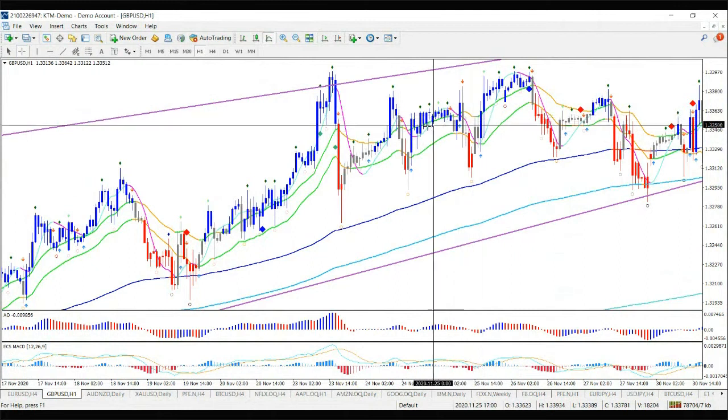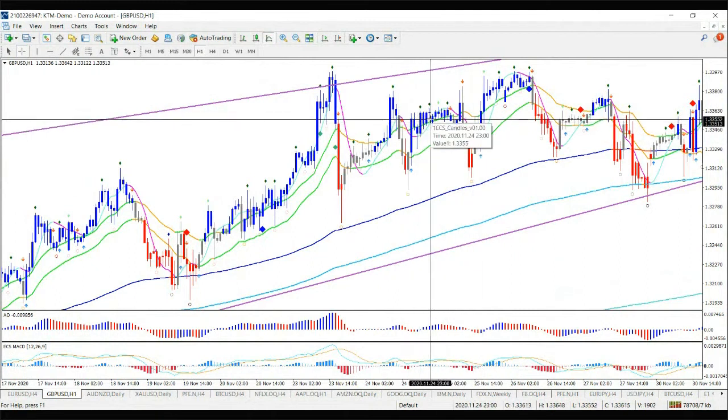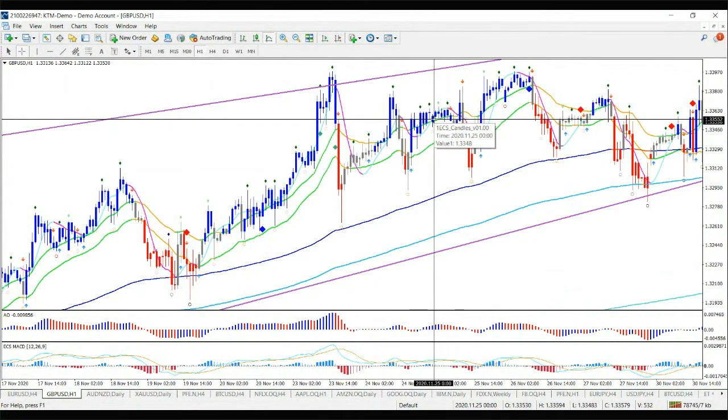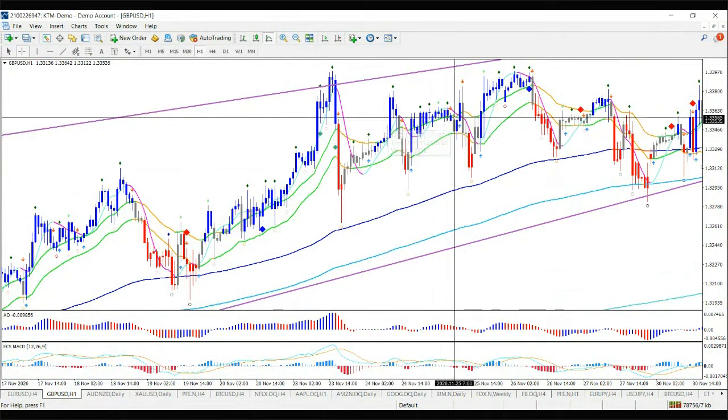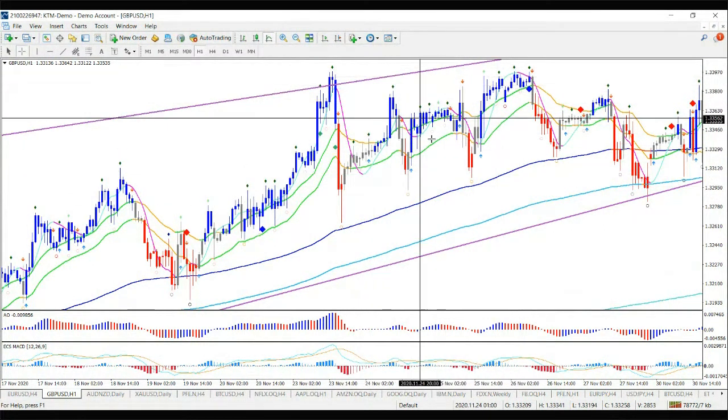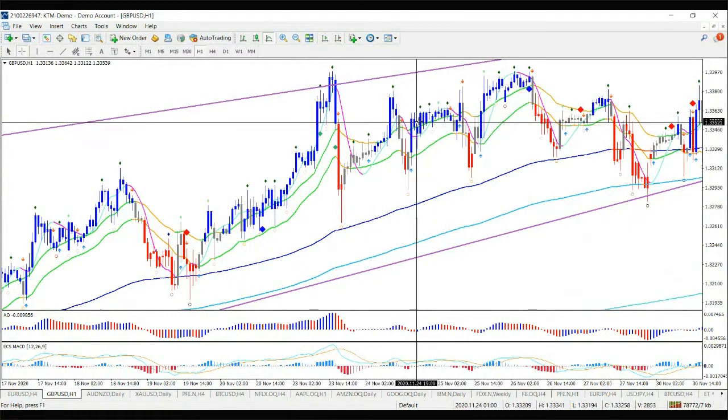That might be a little bit tricky, right? And good reasons to manage the trade. In most of the cases the price did move up, it just didn't go as far. So active trade management would have helped here.